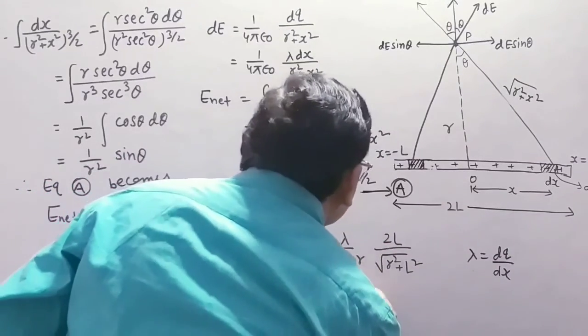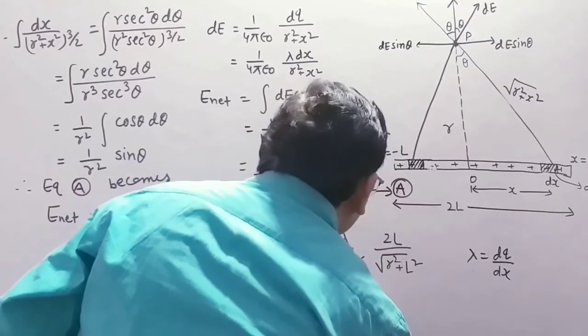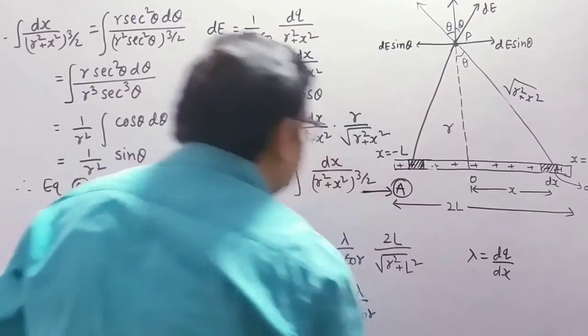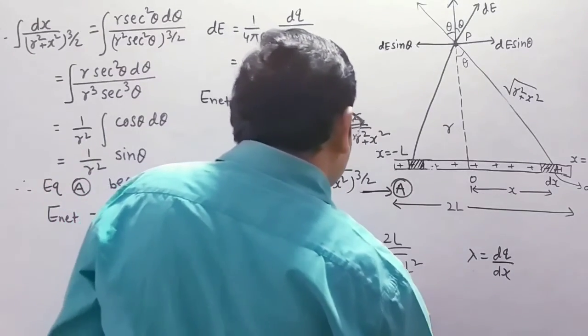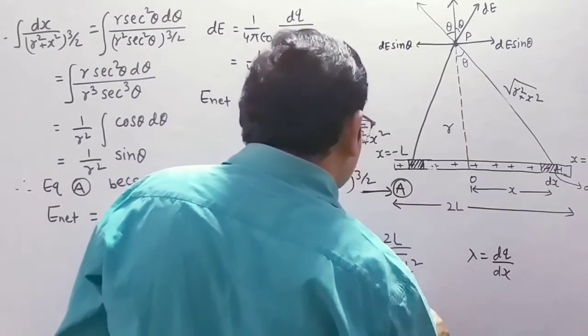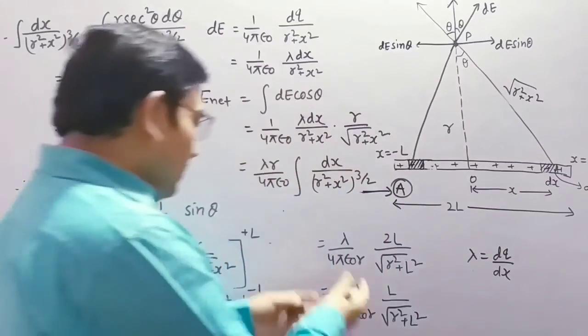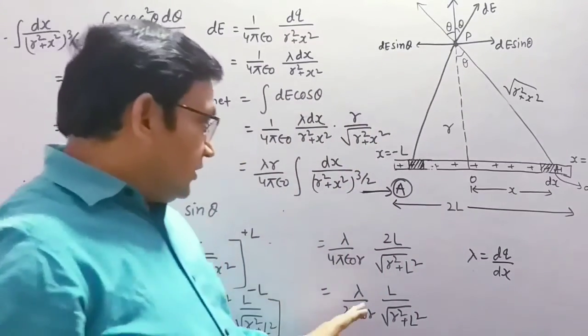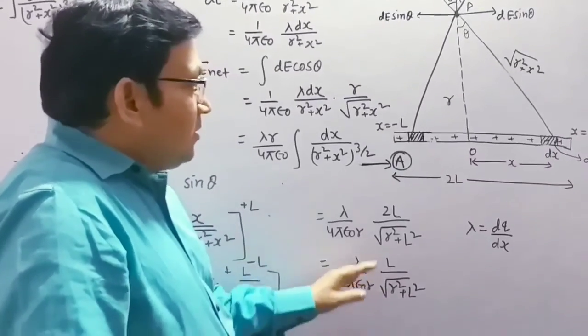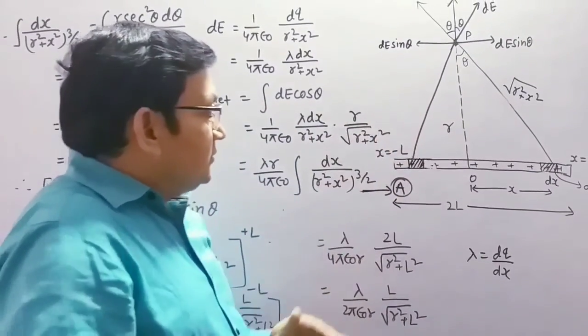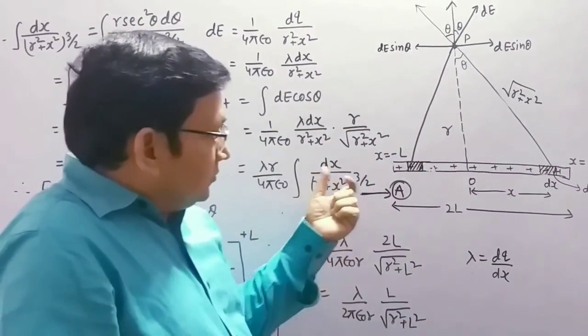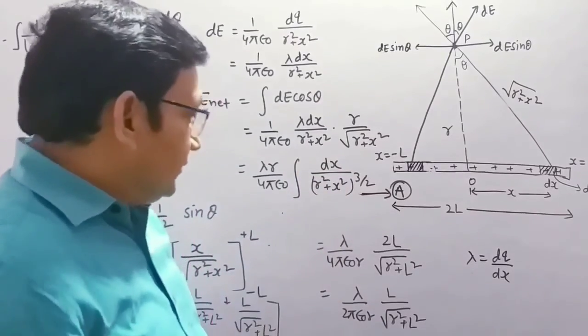The 2 cancels, so we have lambda by 2 pi epsilon r times l upon root under r square plus l square. So this is the expression for the electric field intensity on the perpendicular bisector of a rod of finite length.